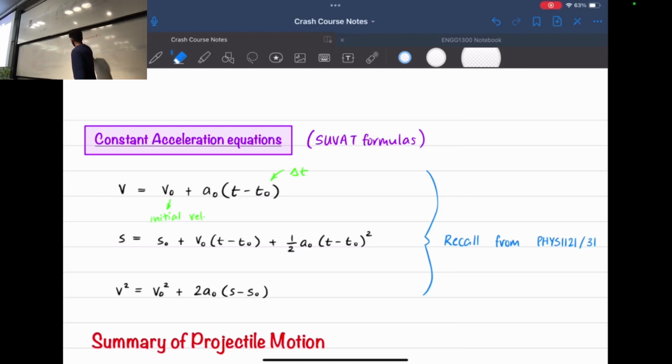Let's say this is t initial, t final. The velocity at this point would be our initial velocity plus the acceleration multiplied by the change in time, which would be tf minus t0. In this case, I just did t minus t0. So you can also do t minus t0.